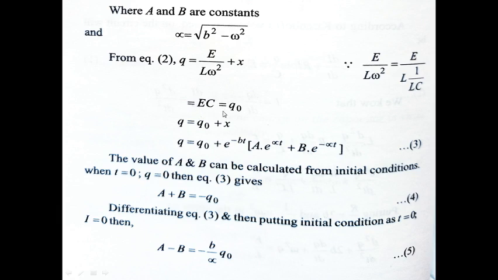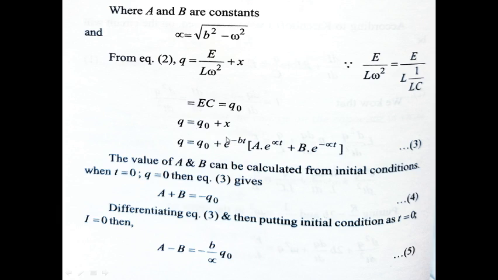E into C is nothing but the maximum charge on a capacitor, because E is the total voltage applied and C is the capacitance. So when the total voltage is applied across the capacitor, the capacitor will be fully charged and the total charge will be Q0, and hence EC we can write as Q0, and hence q becomes equal to Q0 + x.